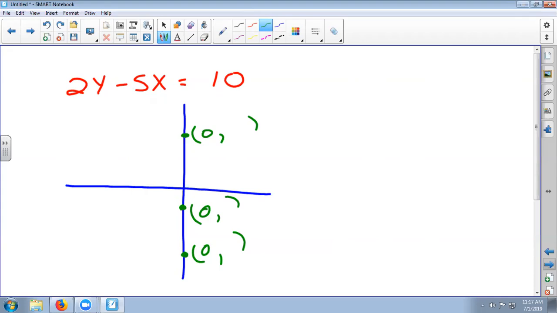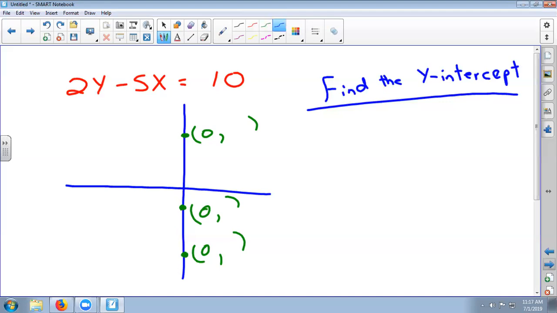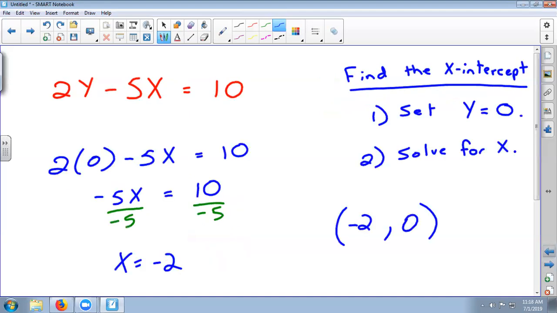So let's find the y-intercept. Should I plug in the x-intercept? Nope, because that's going to give me nothing. If I plug in the x-intercept, I'm just going to get (-2, 0).